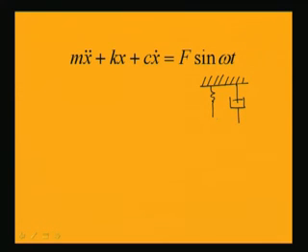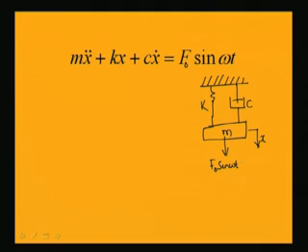Here k is the spring constant, c is the damping, m is the mass, x is the displacement of this mass, and it is subjected to a force of f 0 sin omega t.